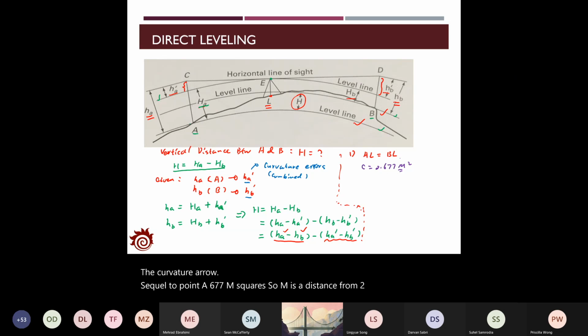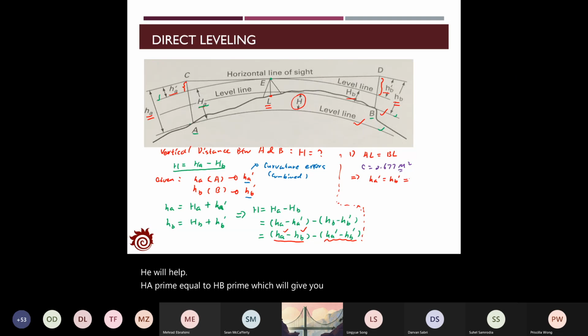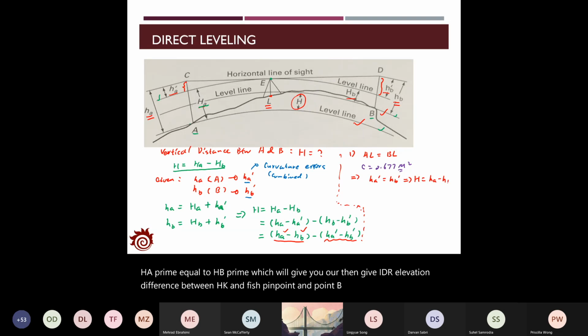If AL equals BL, you will see that you will have HA prime equal to HB prime, which will give you the elevation difference between point A and point B as ha minus hb. So this is very simple. You just need to find out the difference from the readings at point A and point B.